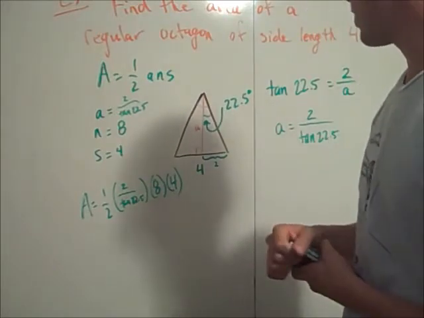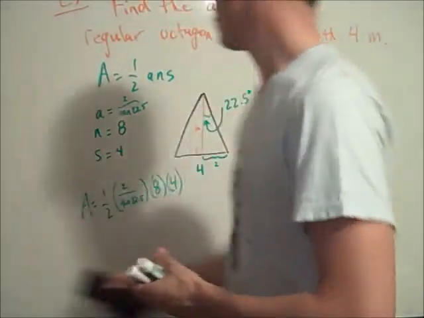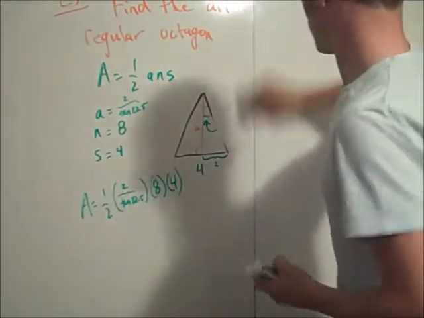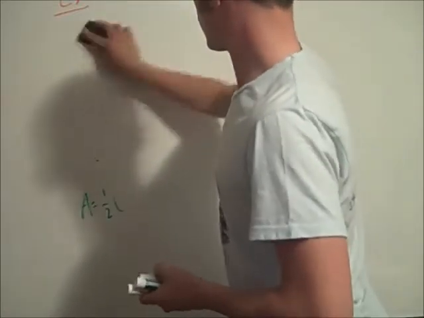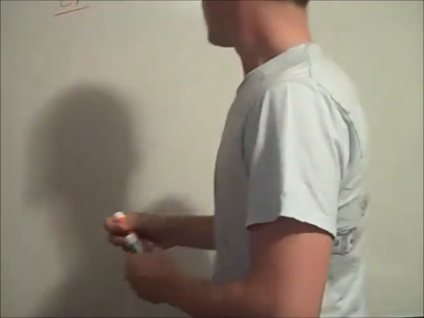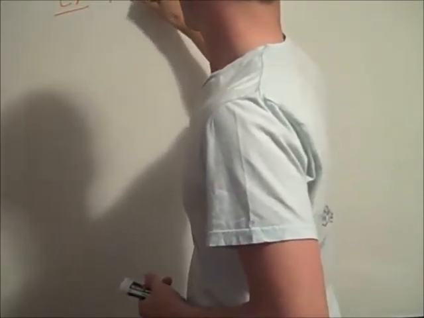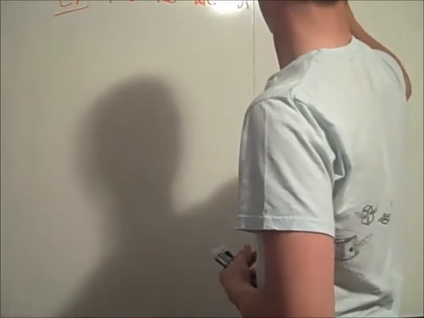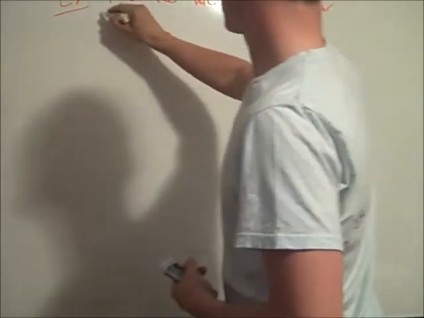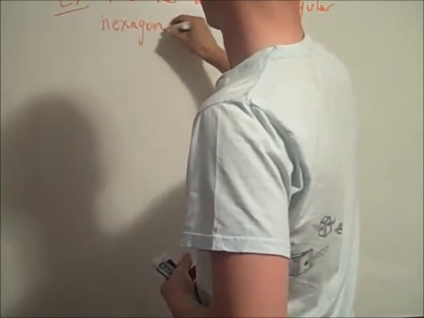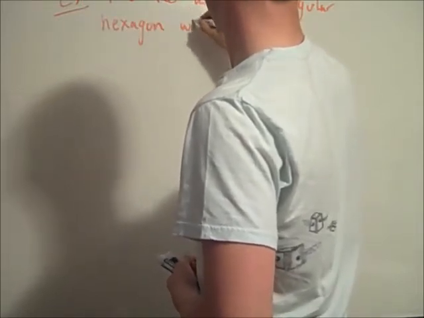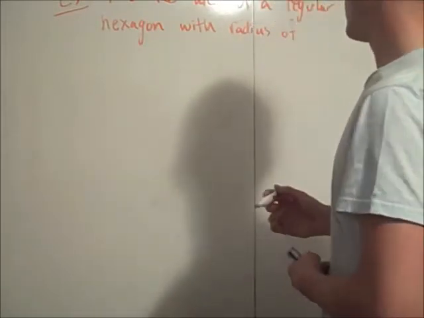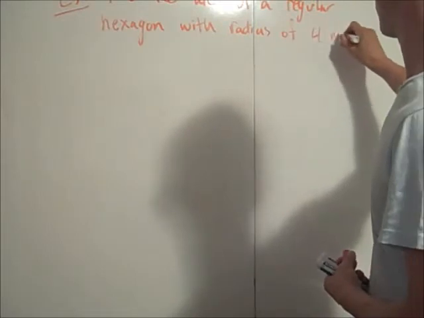Okay, so let's do another example. How about find the area of a regular hexagon with radius of, let's say, 4 meters.